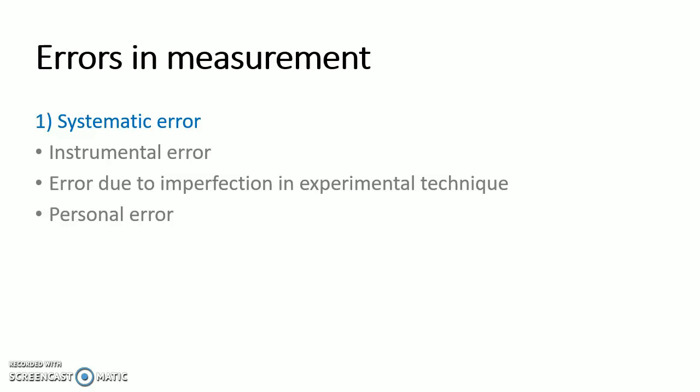Second type of systematic error is error due to imperfection in experimental techniques. This is an error due to defective setting of an instrument. If the instrument is not properly set before starting the experiment, there could be error in measurement while taking the readings.